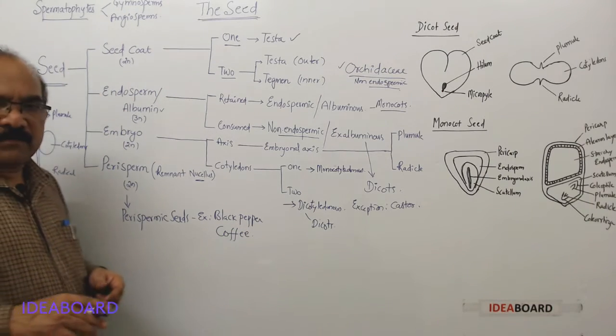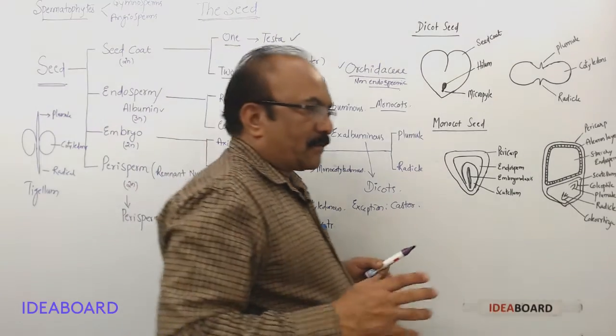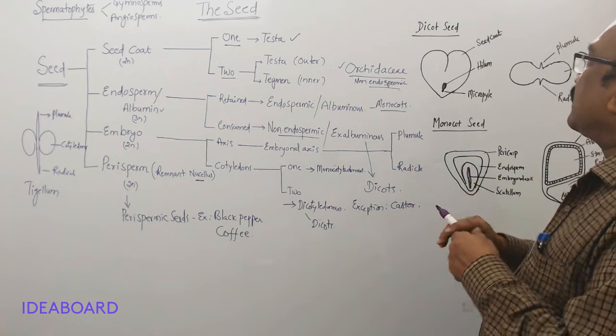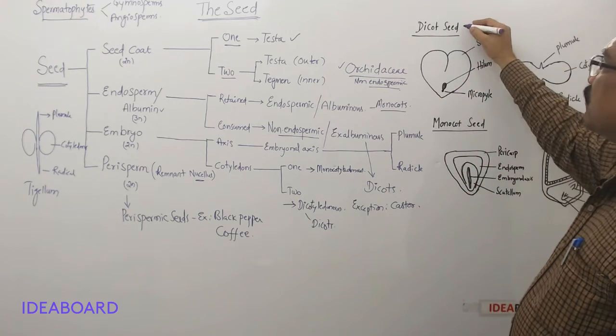Okay, now let us see the details of the structure of the seed, and here I drew the diagram of dicot seed.